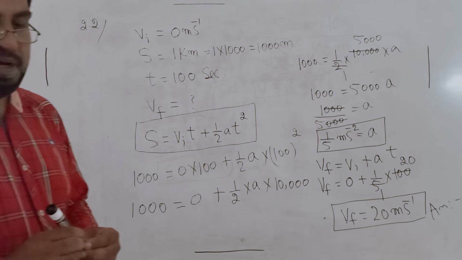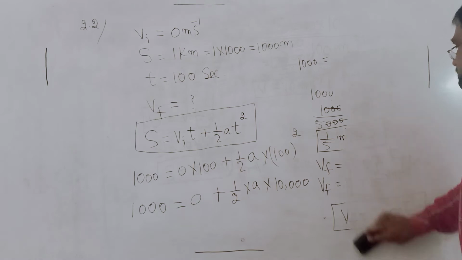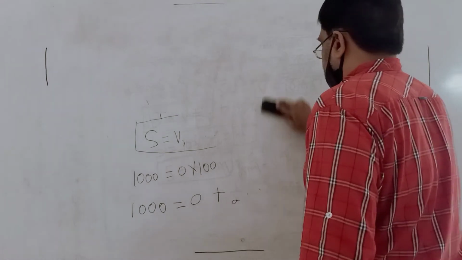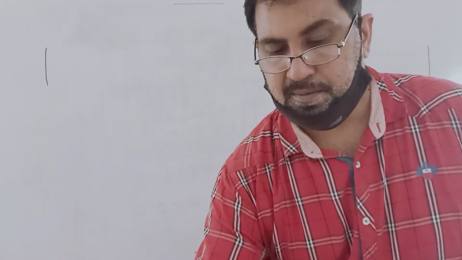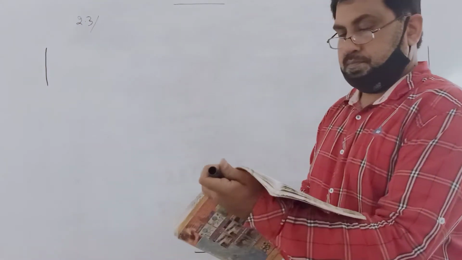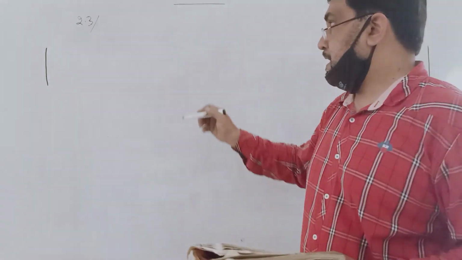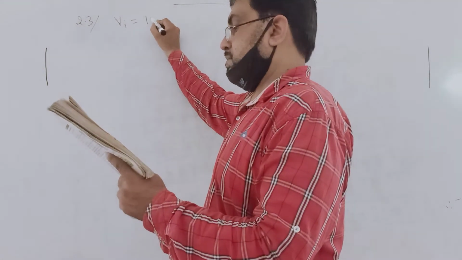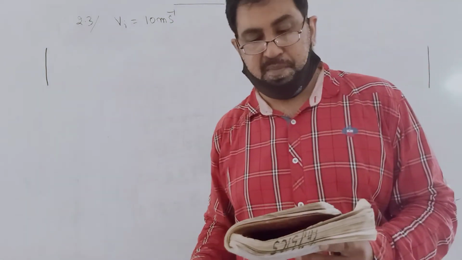numerical number 3. Third numerical, a car has a velocity of 10 meter per second. Initial velocity 10 meter per second.